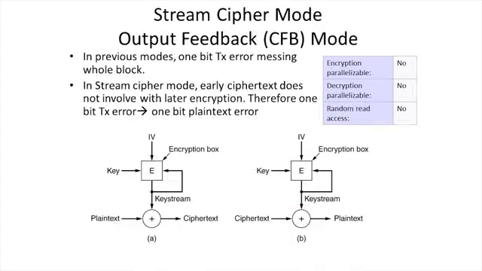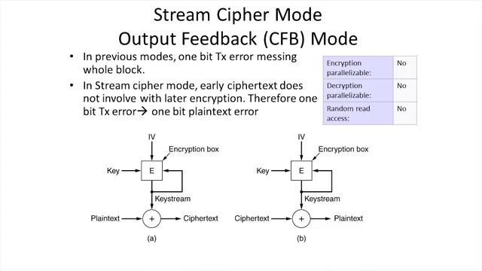In output feedback mode, or so-called stream cipher mode, the key stream, a sequence of bits, is generated only with the IV and the key. That stream is then exclusive-ORed with the plaintext. Therefore, early ciphertext bits do not involve the later encryption.